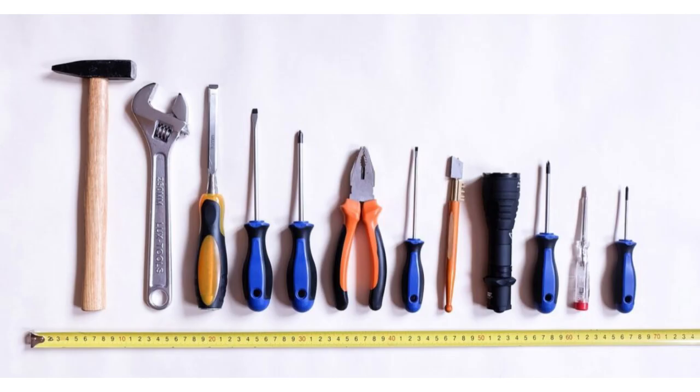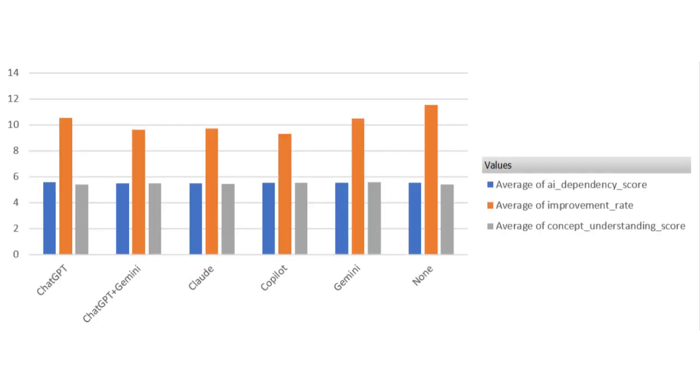Now, let's go back and answer our second question: the tools and their purpose. We have only 5 tools, or should I say rather 4, and one a combination of 2. As you can see, the average AI dependency score and the concept understanding score are almost the same across the entire set, right? But the improvement rate is going up and down.